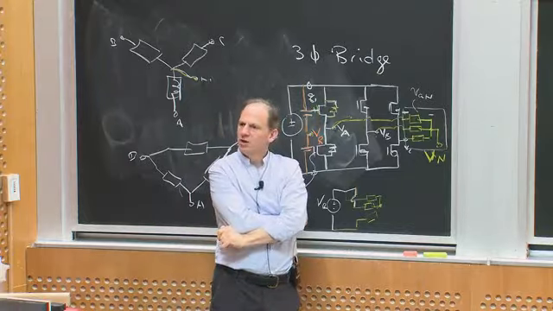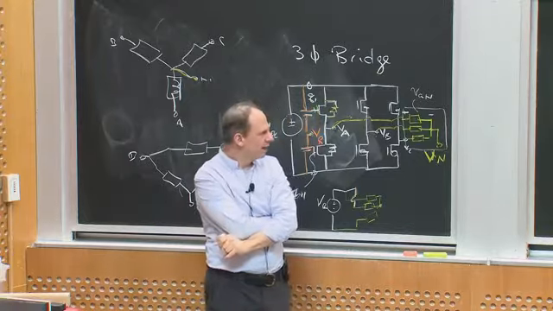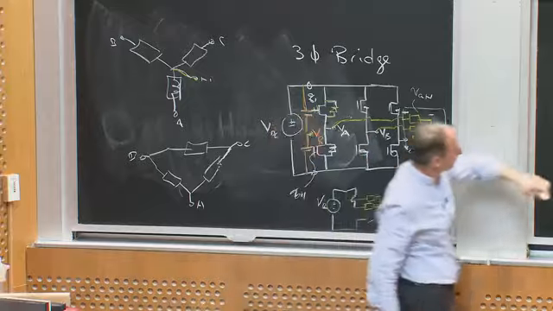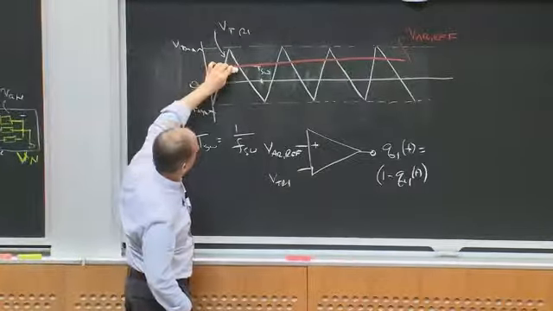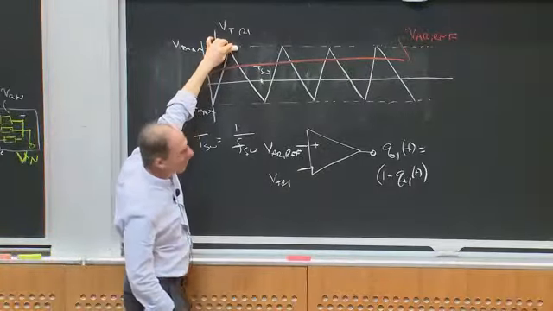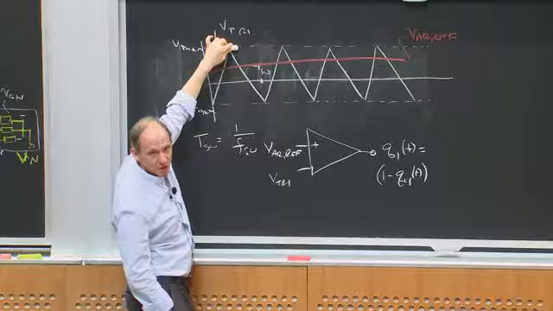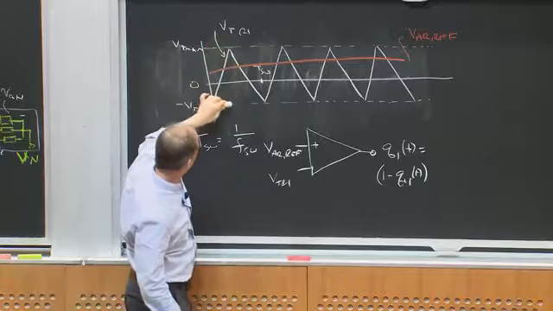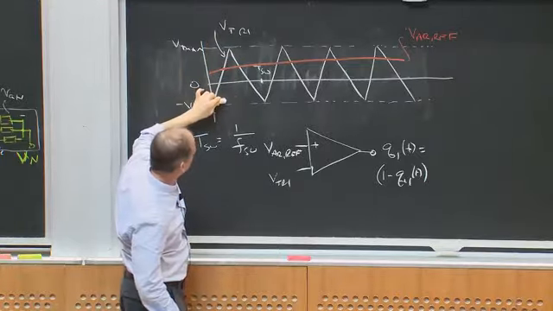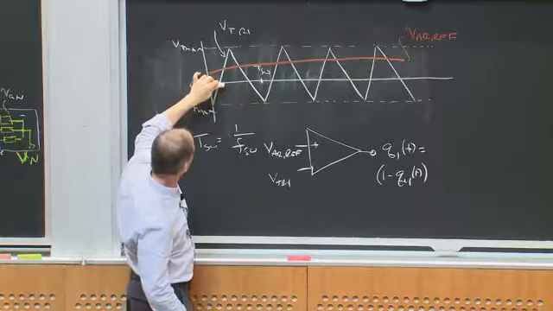Okay? So why would I do that? If you think about it, if Vref is all the way at the top, that means the top switch is always on. If VA is near the bottom, that means the bottom switch is always on.